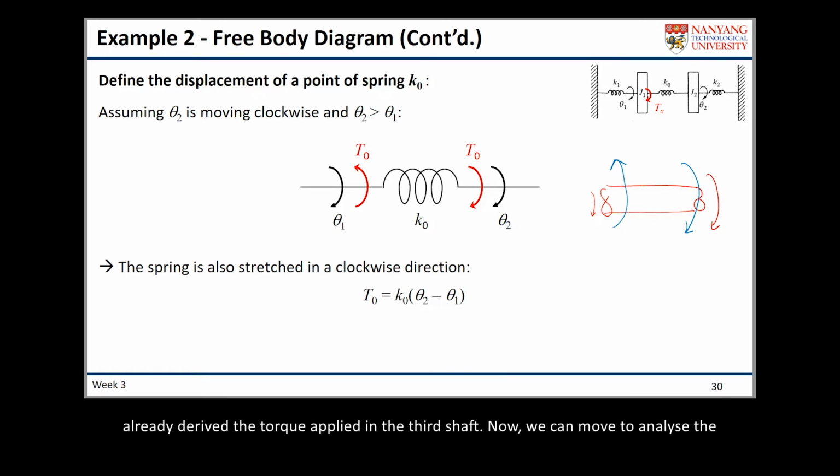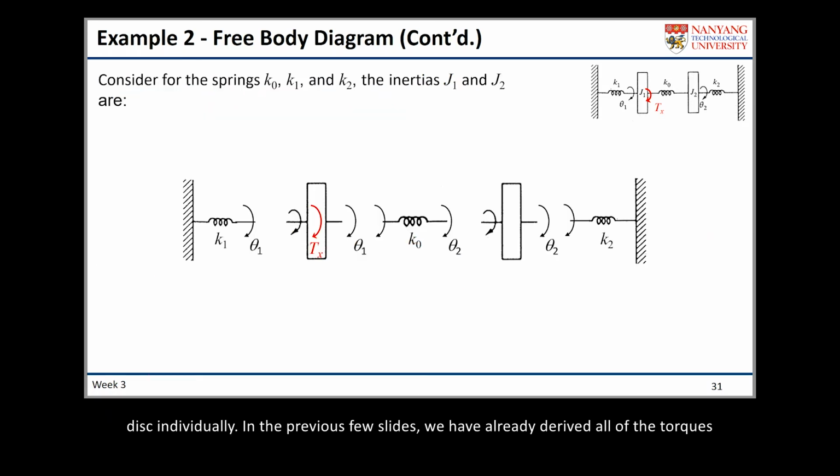Now we can move to analyze the discs individually. In the previous few slides, we have already derived all of the torques acting on each of the shafts K1, K0, and K2. Let me redraw all of the analyzed torques in these three shafts.